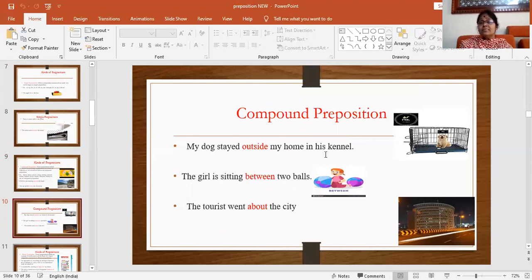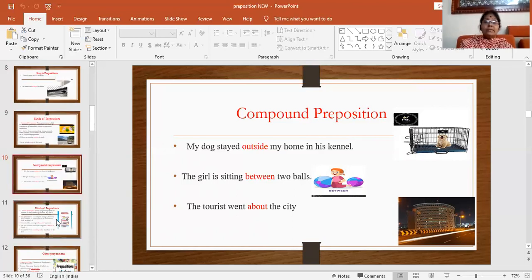My dog stayed outside my home in his kennel. Outside is our compound preposition, which is made up of two words, out and side. Now, the girl is sitting between two boards, right? So, between is our compound preposition. The tourist went about the city, and about is our compound preposition, right?